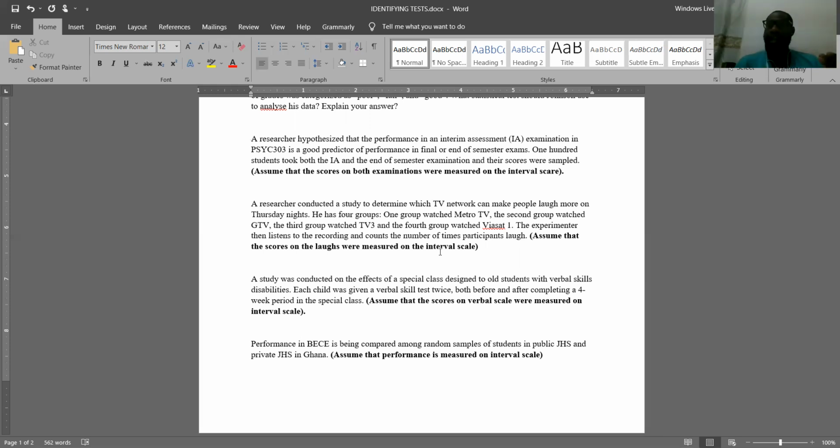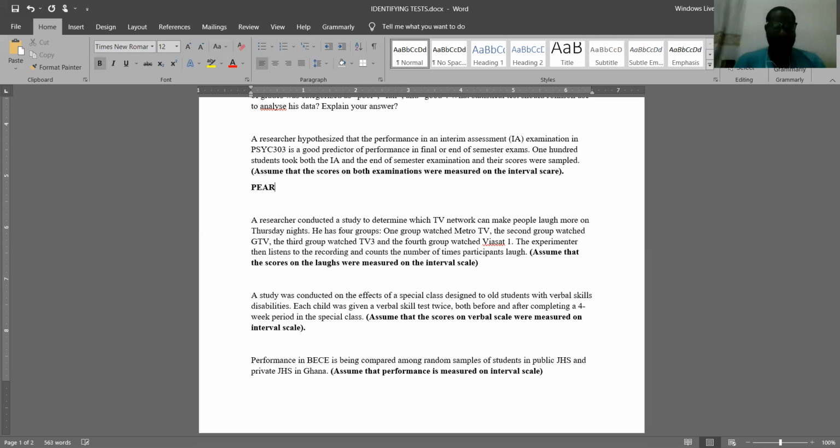So since IA and final exams are all on interval, and they are trying to establish a relationship between the variables, the best test that will fit this question is Pearson R. Or, if you like, you can indicate the full name, which is Pearson product moment correlation coefficient. So the answer is Pearson R, or sometimes referred to as Pearson product moment correlation coefficient.